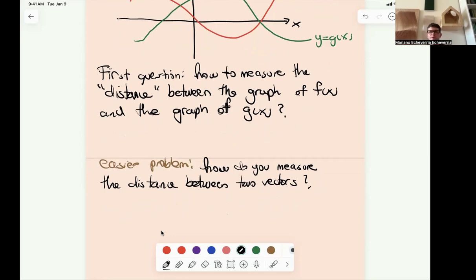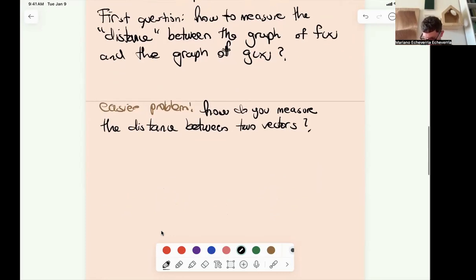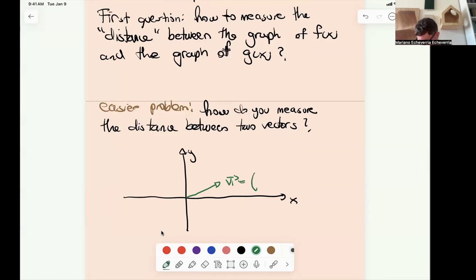So the idea is that let me draw the picture in 2D, because that's enough for what we want. Say I have a vector v1. I'll try to stick to the column vector version so that it's easier. So I have a vector v1 and a vector v2.